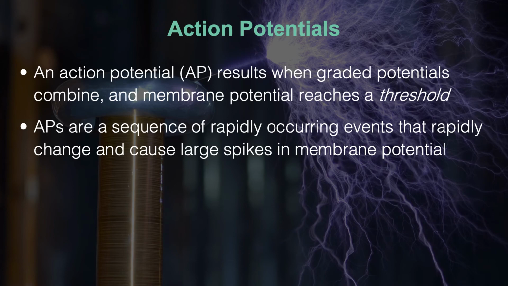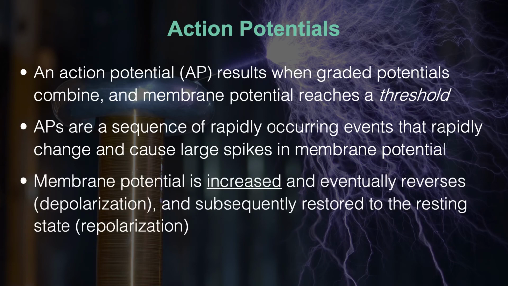It is a disruptive change in membrane potential. It causes a large spike in the charge of that cell, and we'll see that coming up. Membrane potential, where it's normally negative 70, actually becomes positive. It jumps to positive 20 or positive 30.